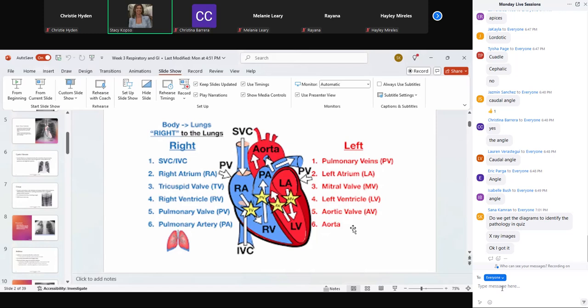Usually it'll be like 4 pathologies in the multiple choice, and if you know 2 out of the 4, then you'll be able to get the question right. So if you can narrow it down: pleural effusion, pneumonia, that's fluid; pneumothorax is air. If they're asking which one would require a decrease in technique, as long as you have your air and fluid pathologies down for common terms, you should be fine with that.